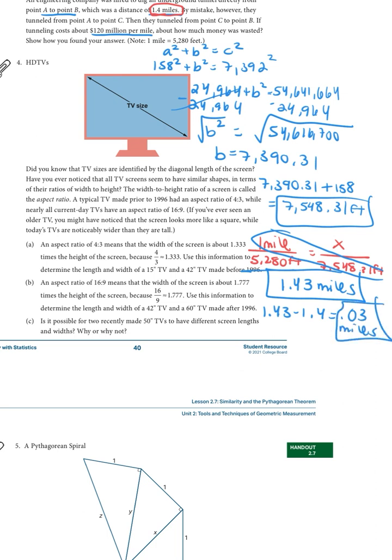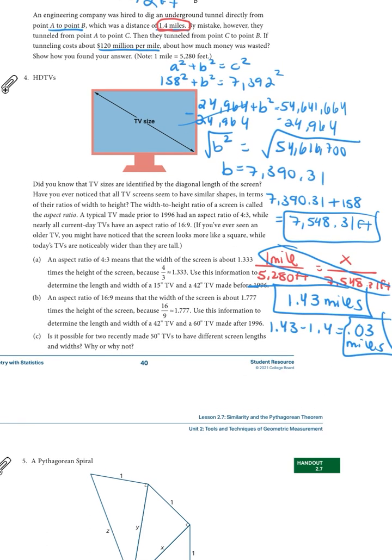Right? So now I need to figure out how much money I wasted, because it said that it was 120 million per mile. So I need to set up a third proportion. I know that for 1 mile, it was 120 mil.